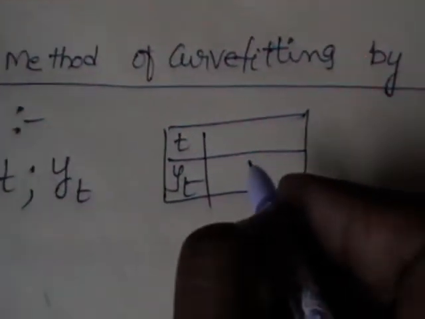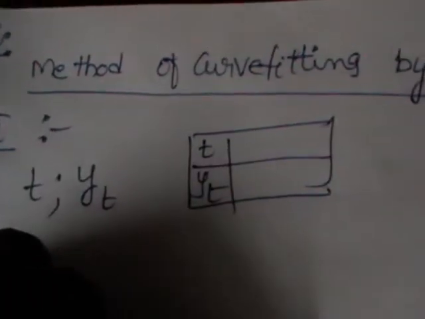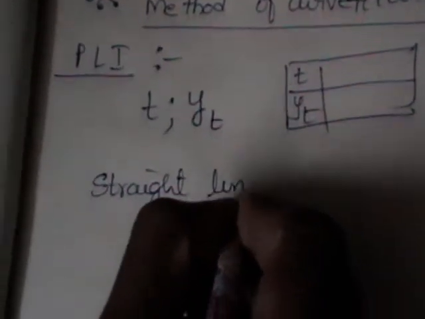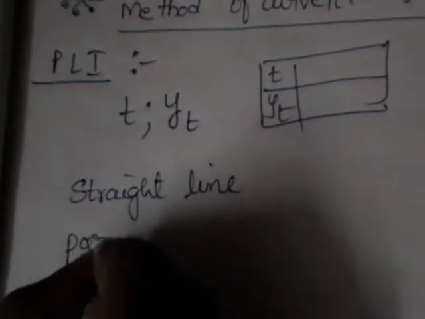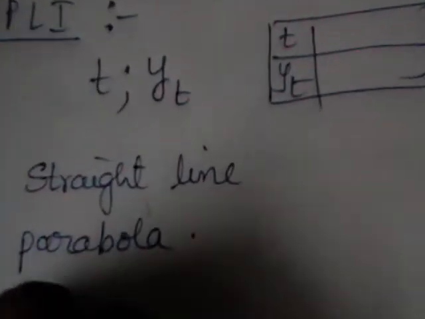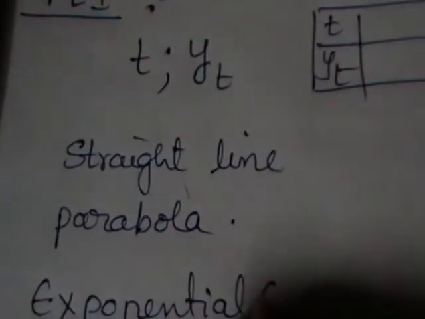Now, method of curve fitting, how many curves we'll have? You know that straight line is a curve, straight line, parabola, exponential curve. These three are known to you.